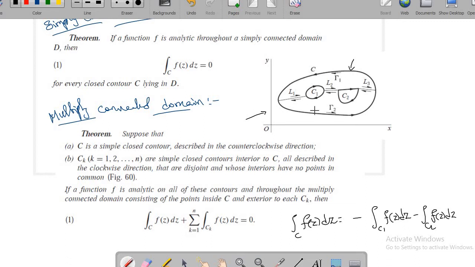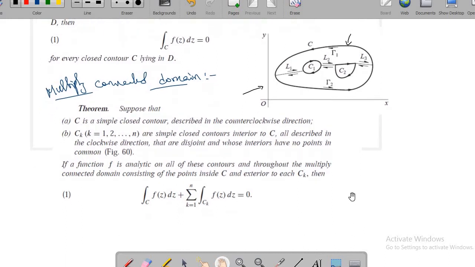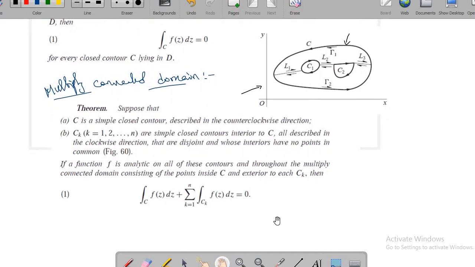It says that the integration along this curve is the same as the integration along the inside curves. If you take them in the clockwise direction, you get minus, whereas if you follow the anti-clockwise direction, you get plus. This is the theorem for multiply connected domains. But here you should understand one thing: f must be analytic on all of these contours and also throughout this multiply connected domain.